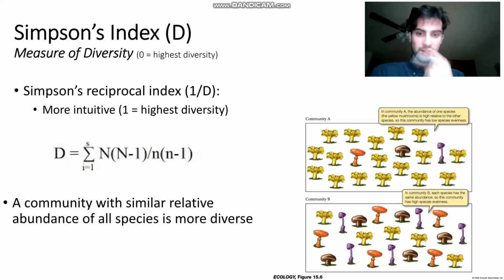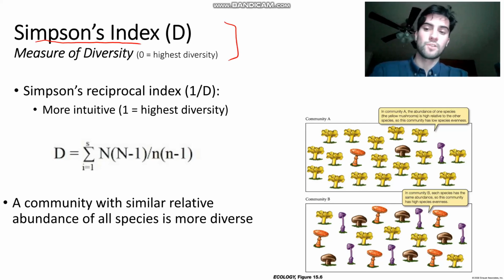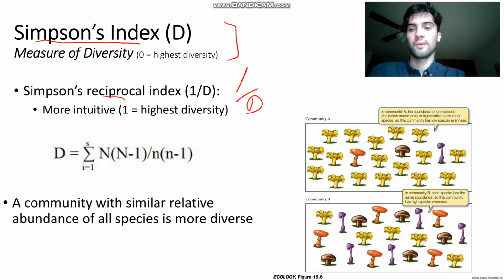So again, it's a measurement of diversity, and we have the Simpson's index D, where 0 is the highest diversity. So we make the reciprocal index, basically invert, right? So that we have 1 as the highest diversity community, and this is more intuitive, more easy to understand.